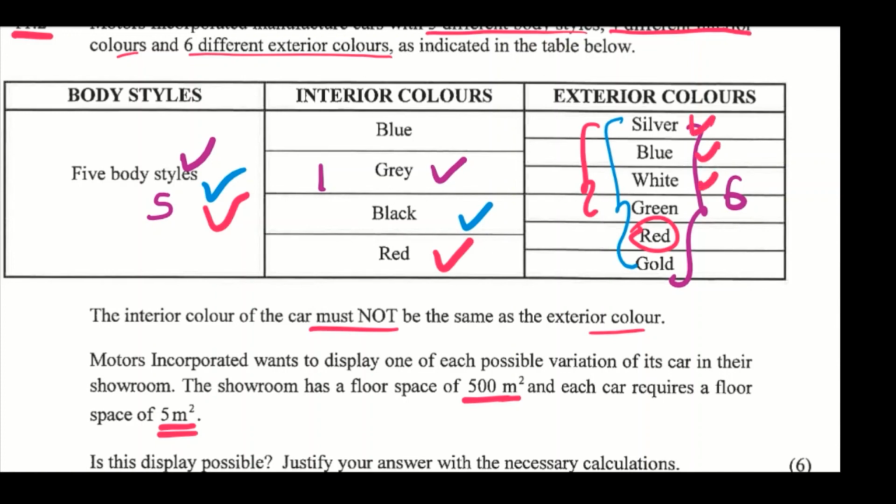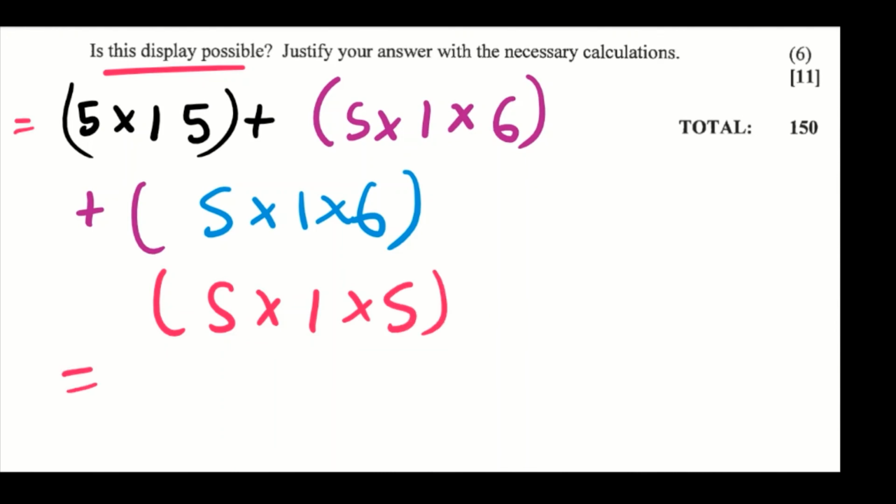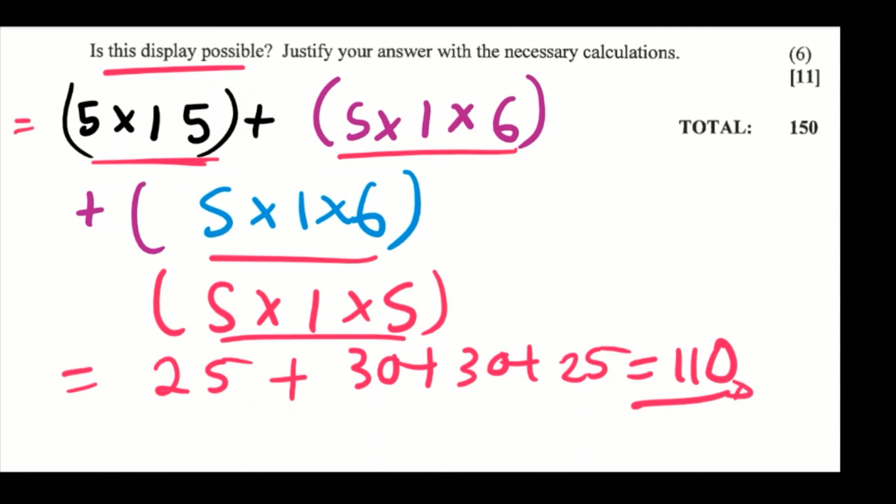It's 1, 2, 3, 4, 5. So we have 5 options. So it's going to be 5 body styles times 1 times 5. So we're just going to add all these, right? So it's going to be this one here, which is 25, plus this, which is 30, plus this, which is 30, plus this, which is 25. So when you add them together, you should get 110, right?